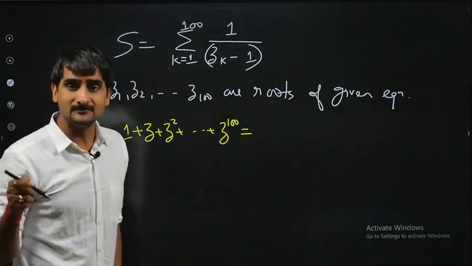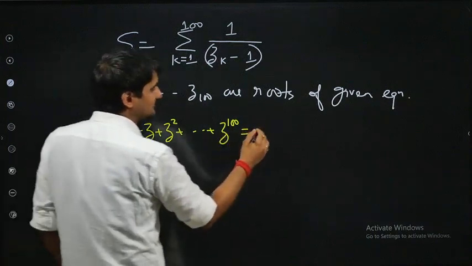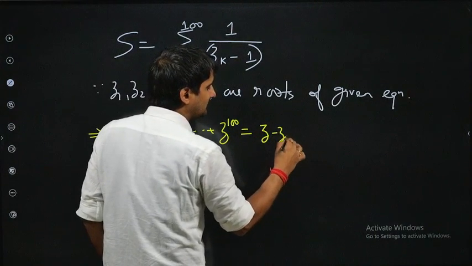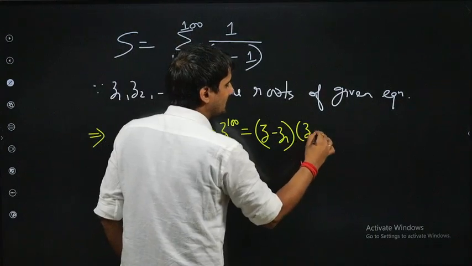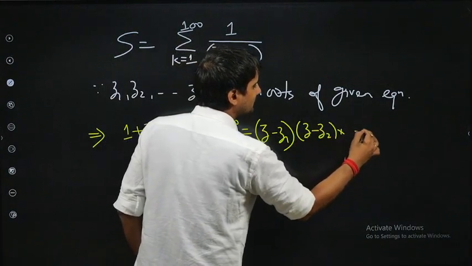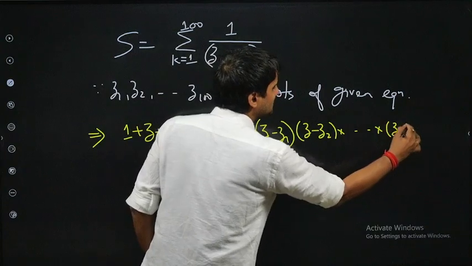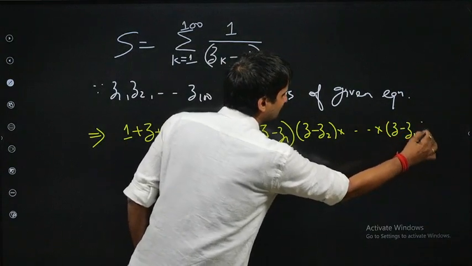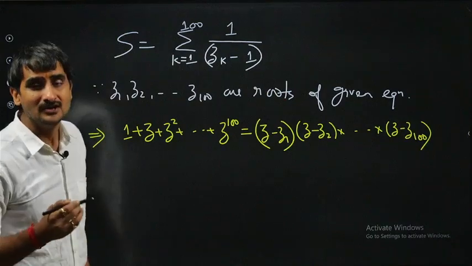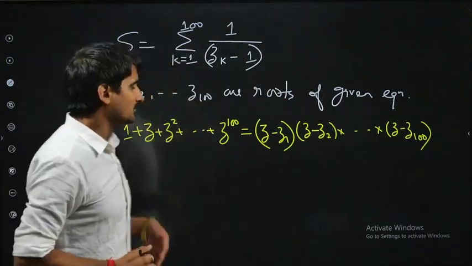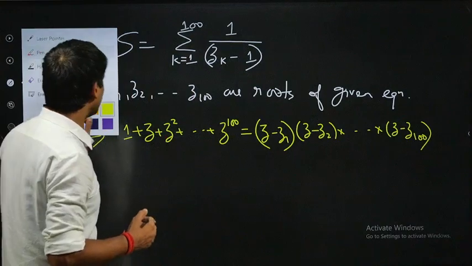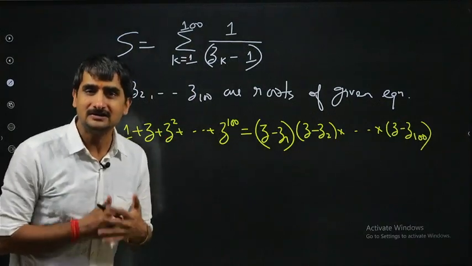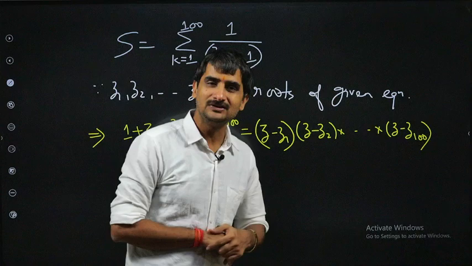And we know that if we know the roots, we can write this polynomial as z minus z1 into z minus z2 into and so on. That's the application of very basic algebra that we know since our 9th class, isn't that? So we know roots, we know factors of the polynomial, and we can express that polynomial in terms of the factors.